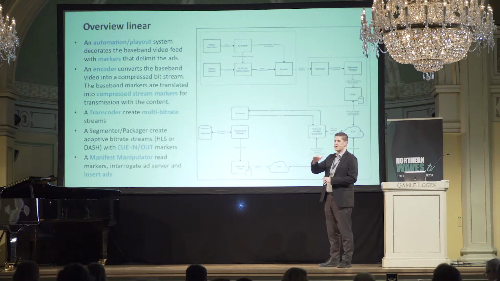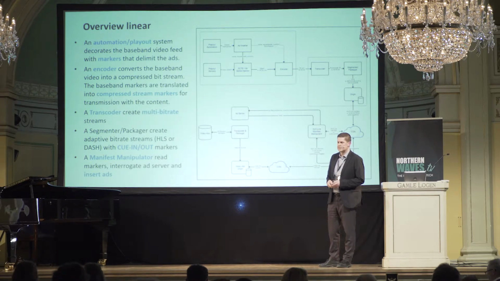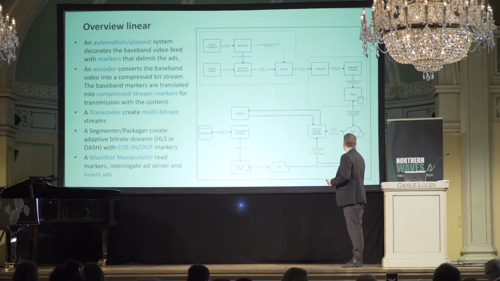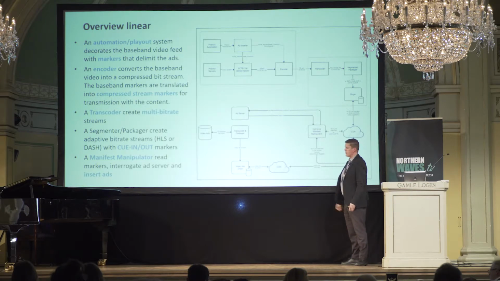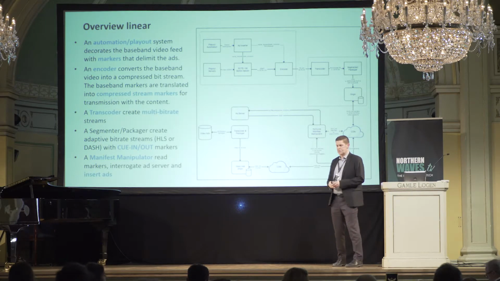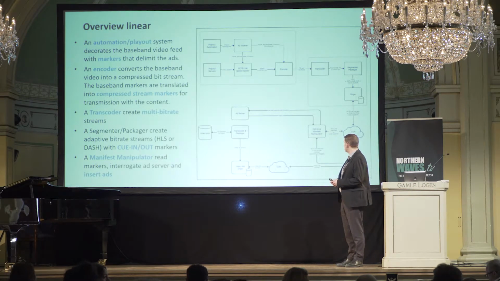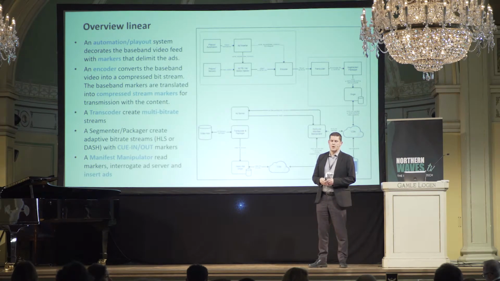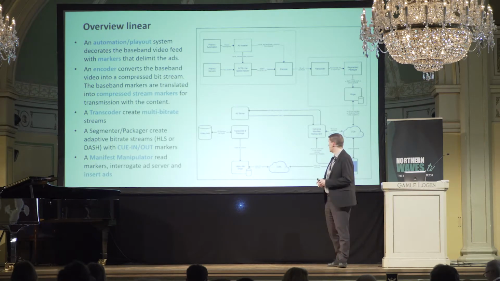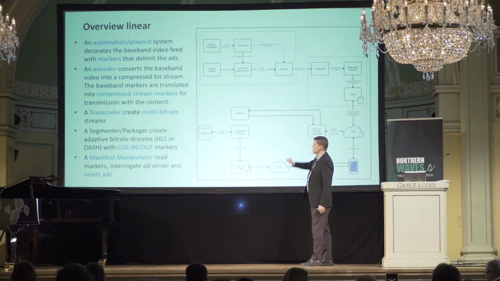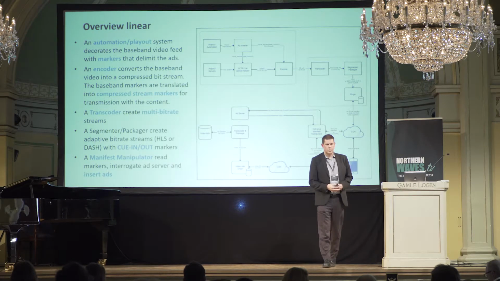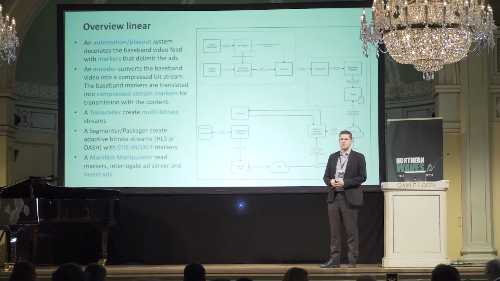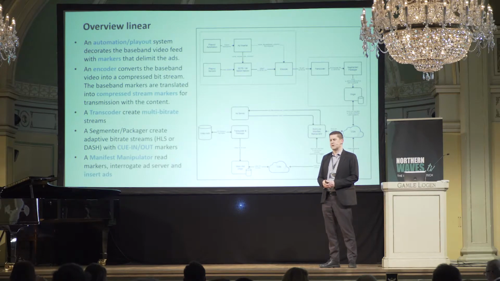So you mark in the manifest where the ads should be stitched in. That is put to the CDN, and here you have what is called the ad stitcher or the manifest manipulator that constantly pulls the original stream, watches out for markers in the manifest, and once it finds a marker, it shoots off a message to the ad server asking what ads should be put into this stream now for this particular user.